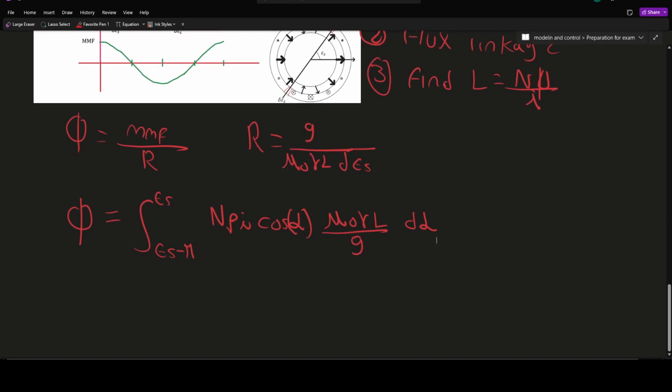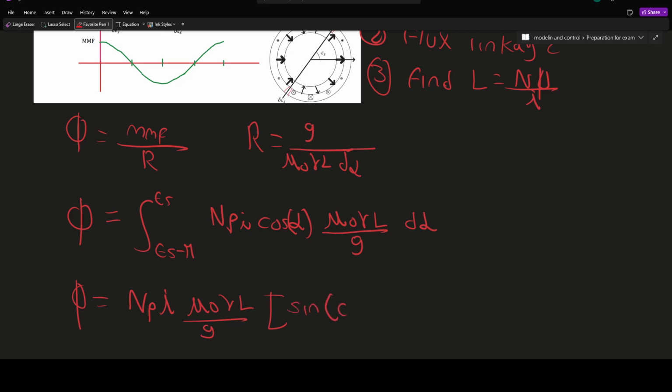Okay. Oh well, here let me change this ds for alpha, so everything is in the same terms. Okay. So we have that our flux is equals to MPI mu naught RL over G multiplying the integral of cosine, so sine ES minus sine ES minus pi.